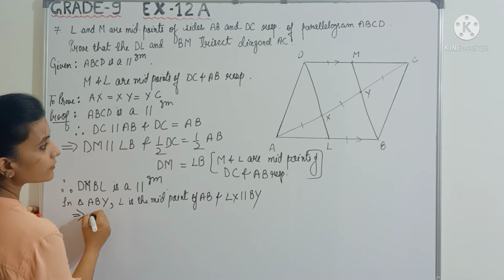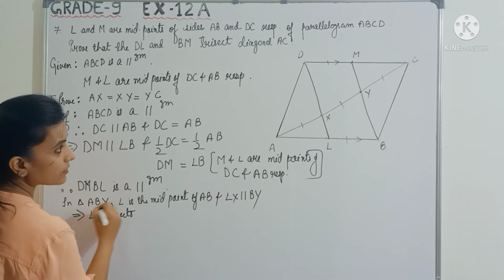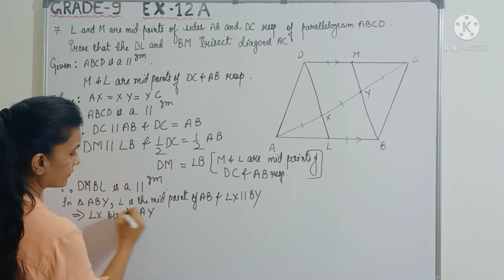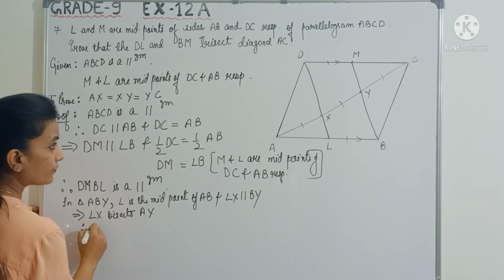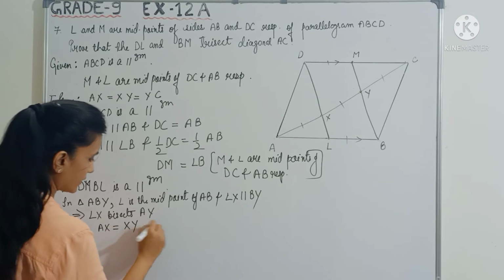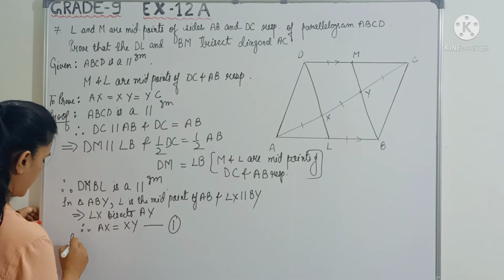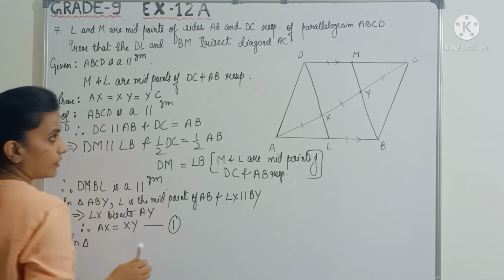This implies LX bisects AY, right? Therefore, AX will be equal to XY. Let's name it 1. Now similarly, take the other triangle.